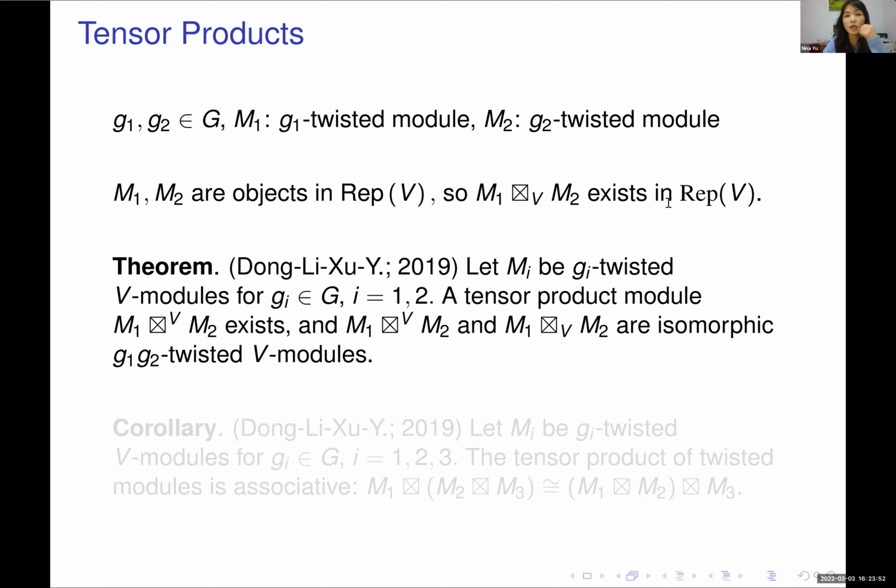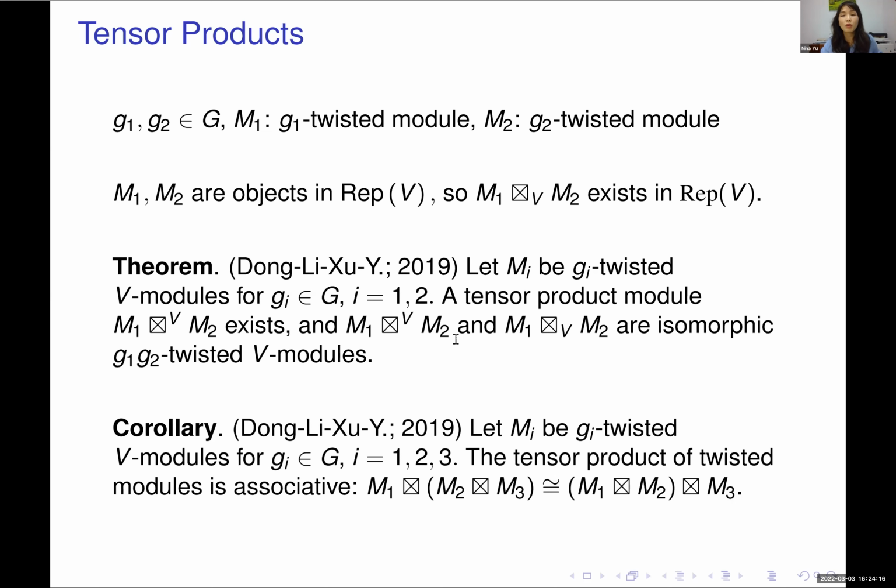So by this idea, in 2019, we were able to prove that if you consider tensor products of two twisting modules, no matter whether in the sense of VOA or in the sense of category, they are actually isomorphic. Because in the sense of the category the tensor product is associative, of course in the sense of VOA the tensor product is also associative. So we obtain the associativity of the tensor products of twisting modules. That's the result that we obtained in 2019.